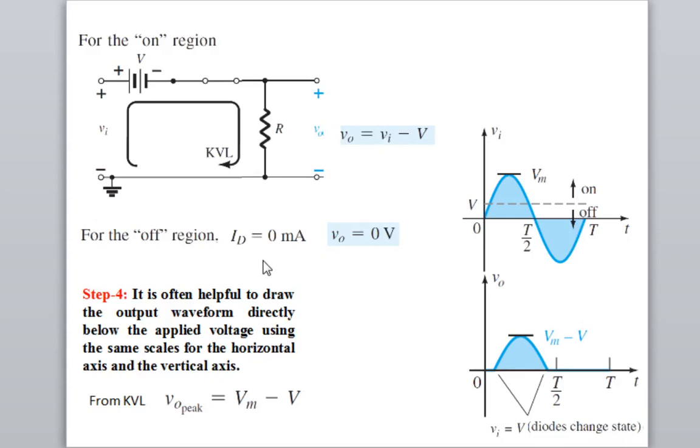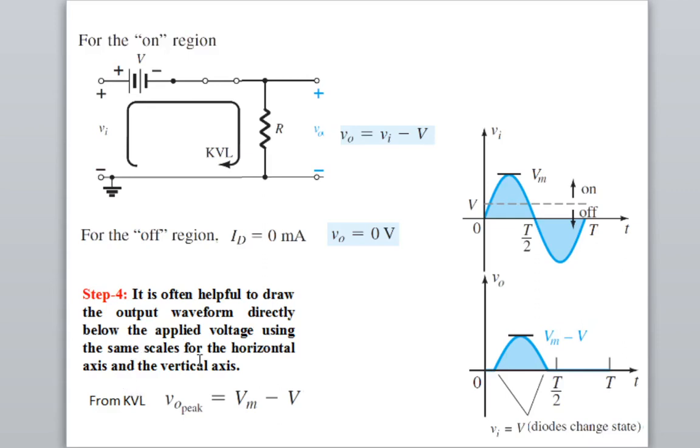So this step 4 is regarding how to draw the output waveform for a given clipper circuit. It is often helpful to draw the output waveform directly below the applied voltage using the same scale for the horizontal axis and the vertical axis.